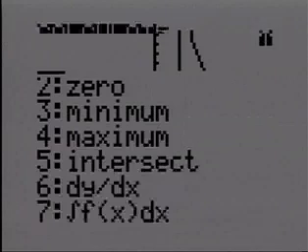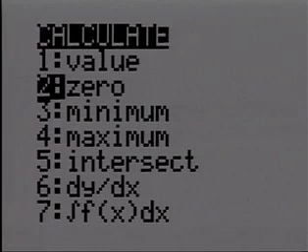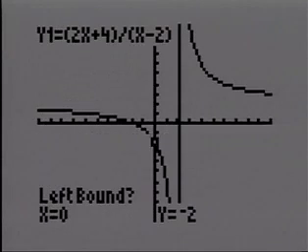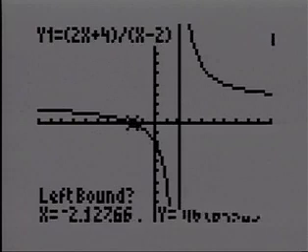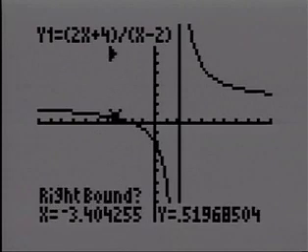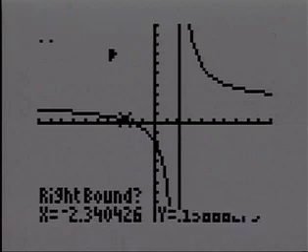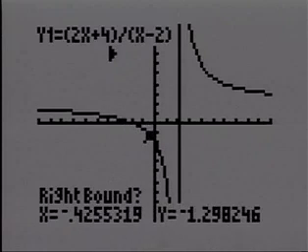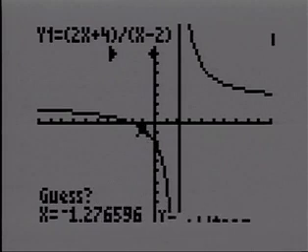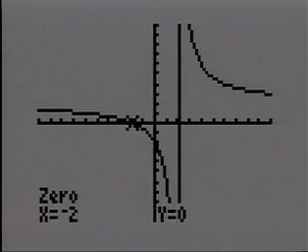This function we know is undefined at positive 2. So I need to find that 0 now, and I can do that on the calculator using the calculate feature and choosing 0. I need to give it a left boundary, so I'll move my cursor over to the left and select that point. Now I need a right boundary, so I'll move it to the right and select that point, and a guess. That'll work. And it gives me a 0 of negative 2 there.